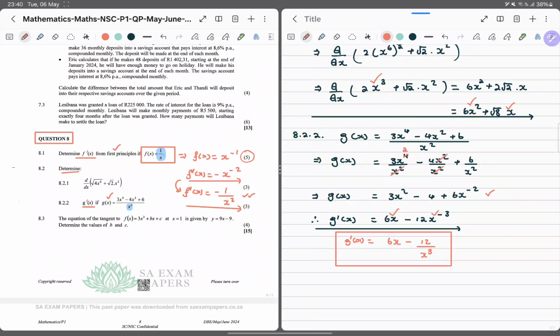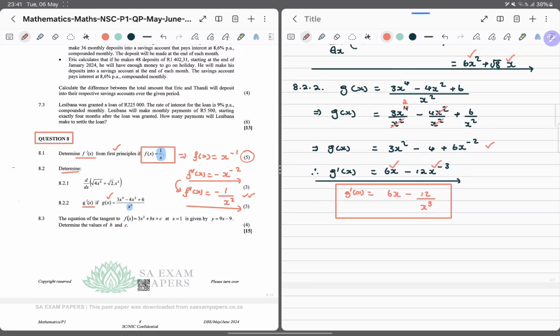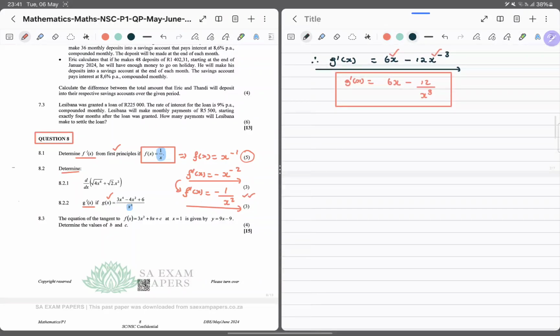Then we take the actual differentiation of each of those terms using that rule I showed you guys, considering those terms of this particular function as two separate functions, because this is more like a composite function of some sort. Okay? So I hope we understand each other. So we score those 3 marks there. Let's do the last part of this question, which is question 8.3.